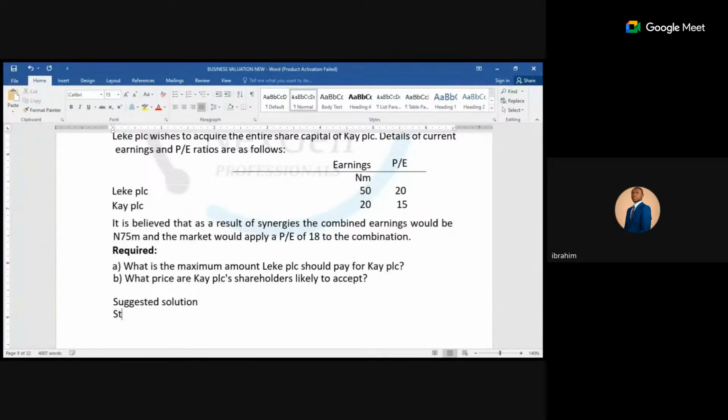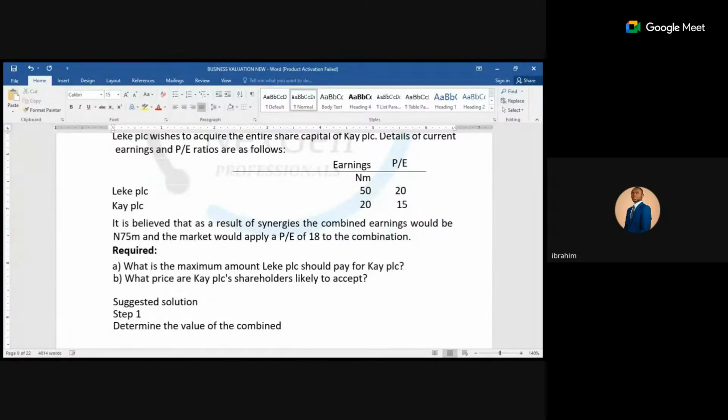Step 1, when you're faced with this case scenario, because it is an acquisition, determine the value of the combined company. That is, what will be the market value of the combined company? The value of the combined company.